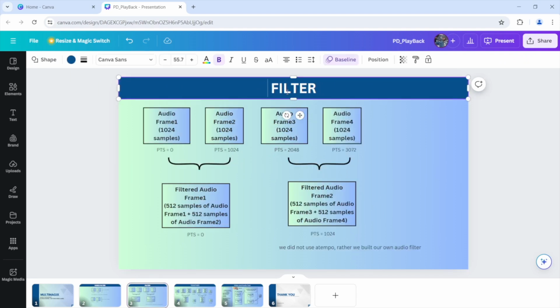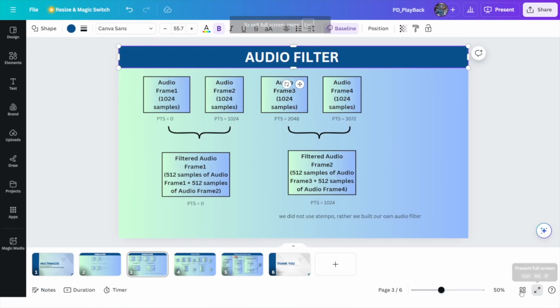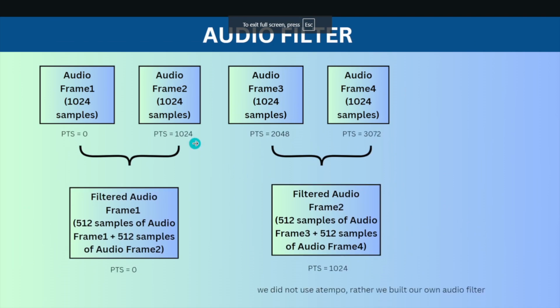Audio filter, there you go. Again, we have audio frame 1 and audio frame 2, each with 1024 audio samples, and similarly audio frame 3 and audio frame 4 also have 1024 samples each. And these are the timestamps, which are based on the number of samples accumulated by the particular frame.